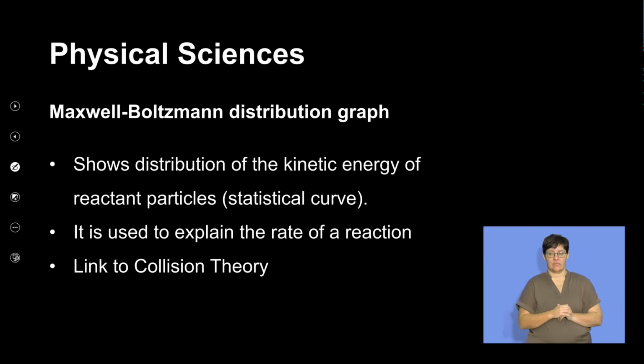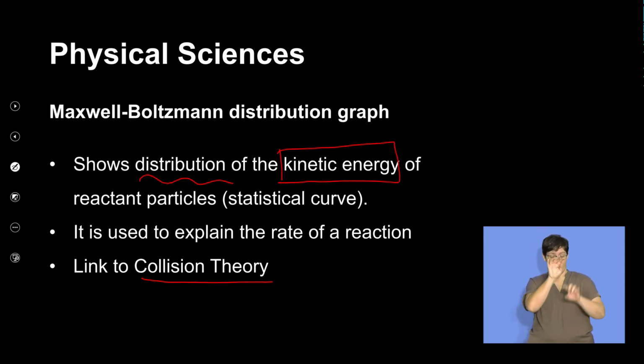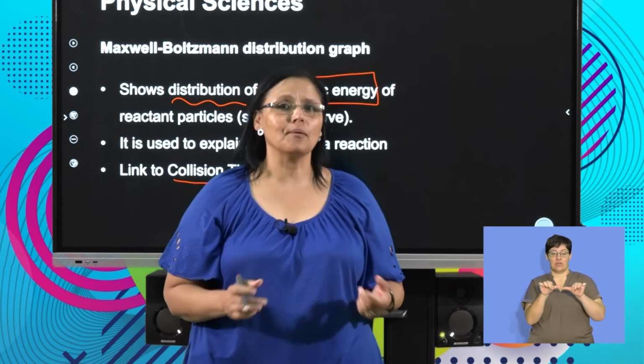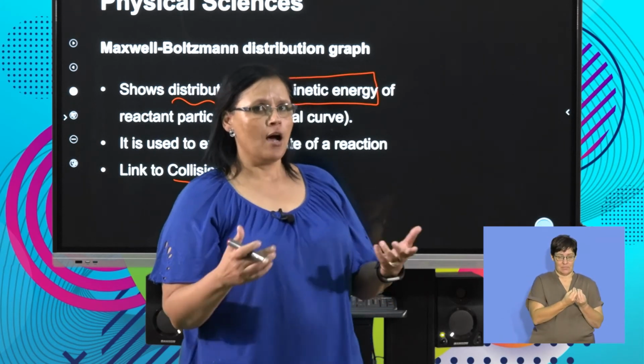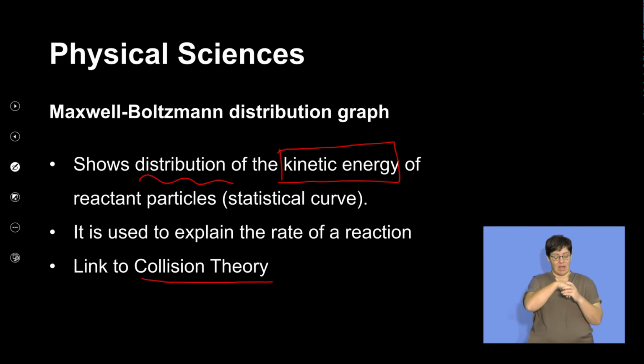The Maxwell-Boltzmann graph, like I said, we will link to the collision theory, where we talk on a particle level. Firstly, we need to understand that it shows the distribution of the kinetic energy of particles. Remember that kinetic energy is a measure of the temperature of the substance, or what the substance is while this reaction is happening.